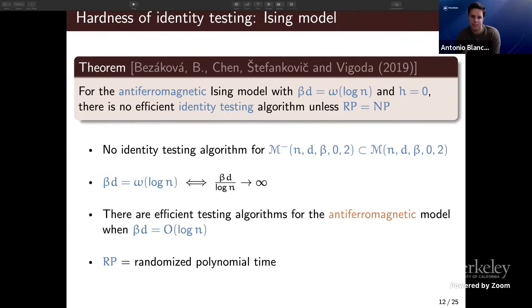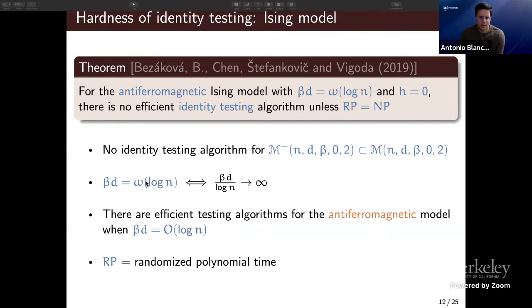This concerns the anti-ferromagnetic case, and we showed that when beta D was little omega of log n, this means that essentially beta D over log n goes to infinity, so this is growing a little faster than log n, and there is no external field, then we have no efficient identity testing algorithm unless RP equals NP, right?